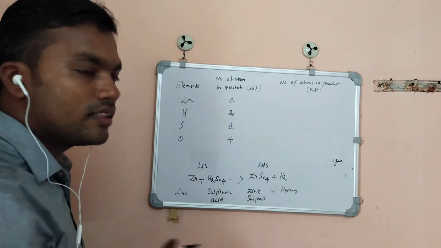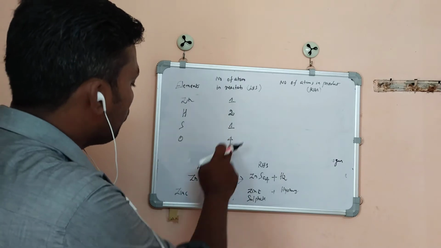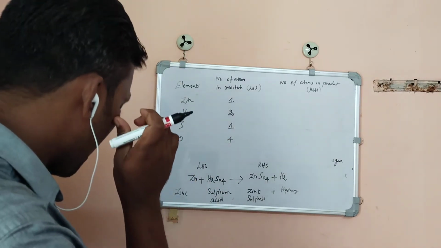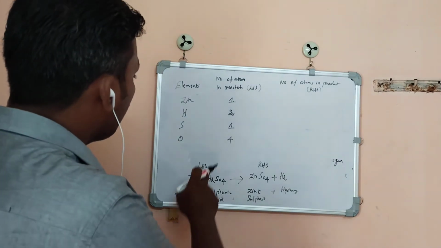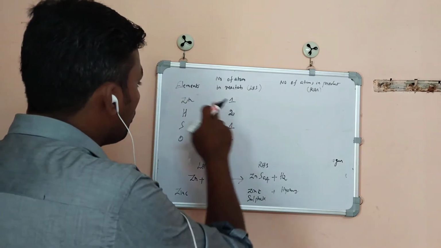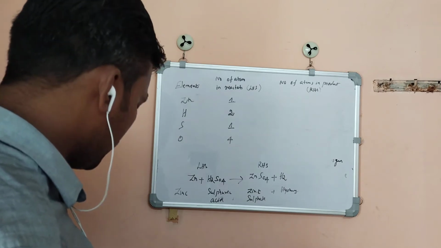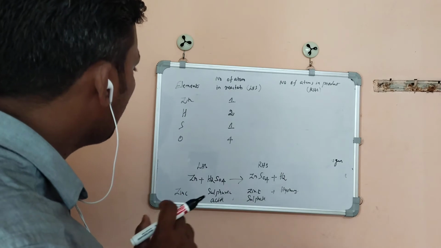Zinc 1, oxygen 4, sulfur 1, hydrogen 2. Okay, oxygen 4, sulfur 1, hydrogen 2, zinc 1.